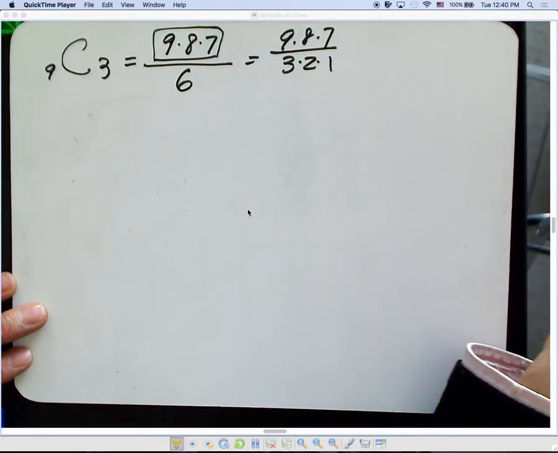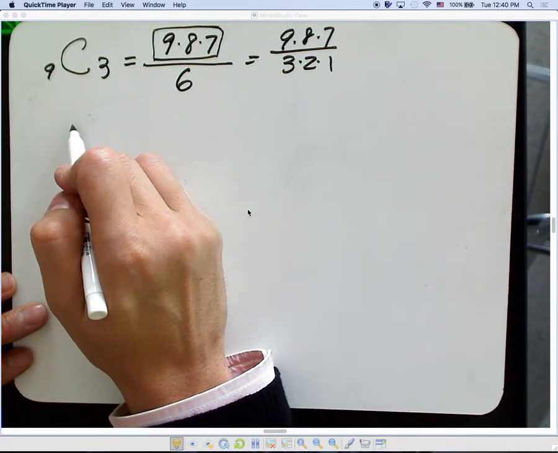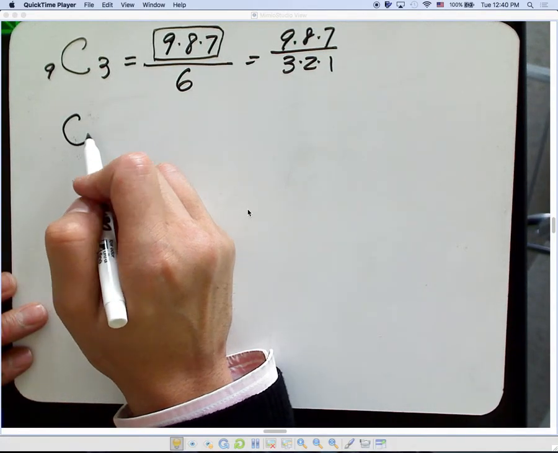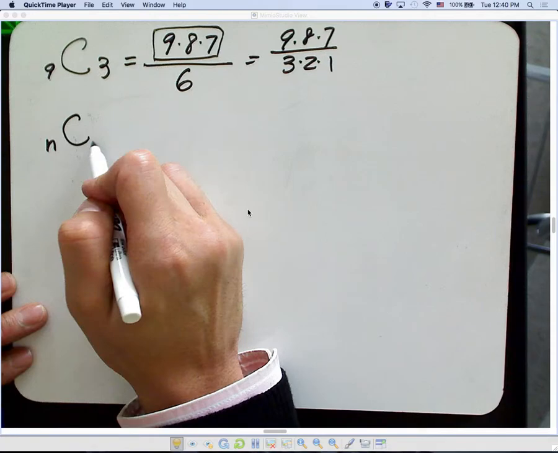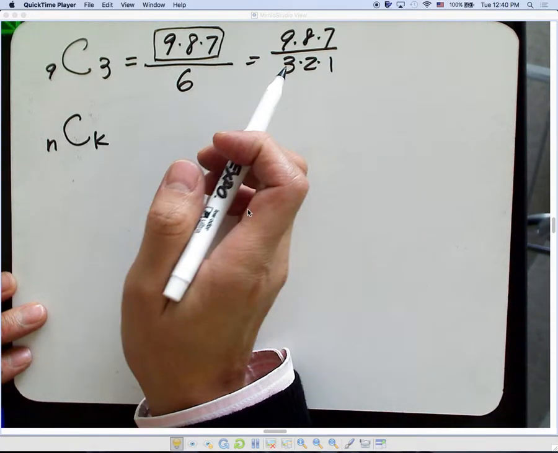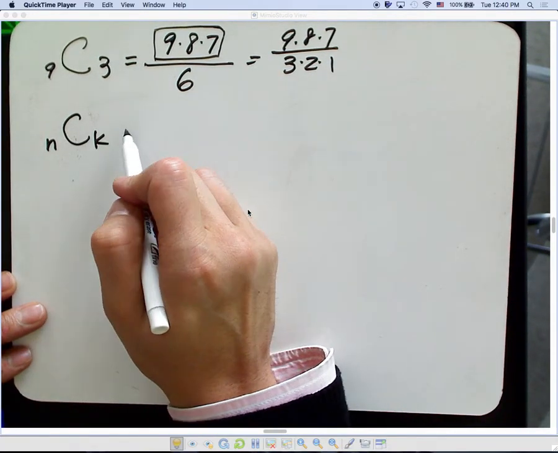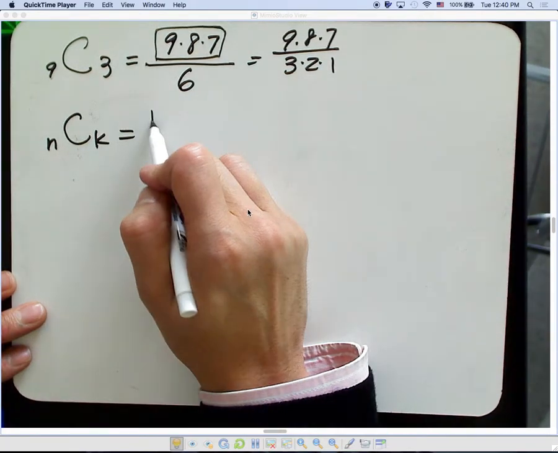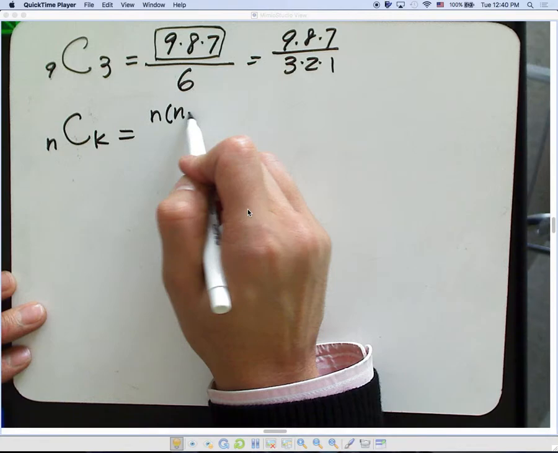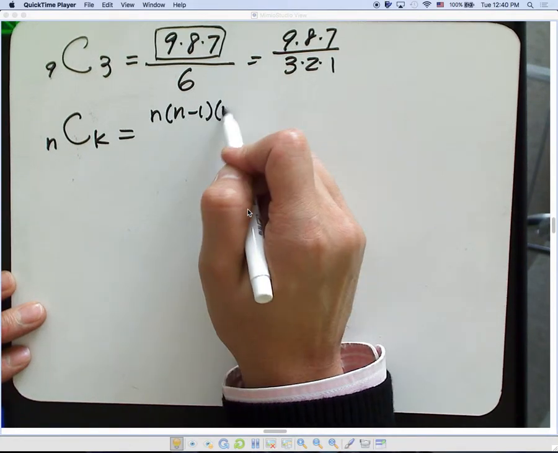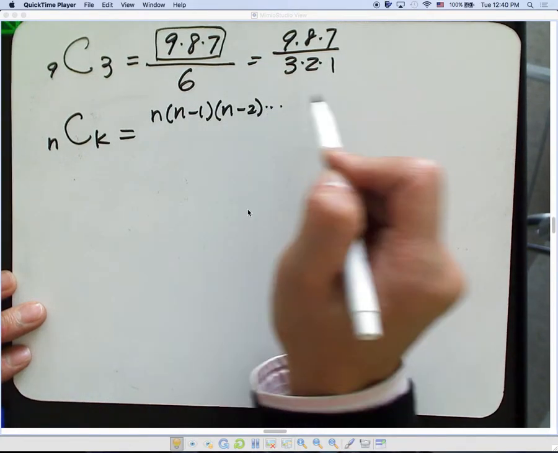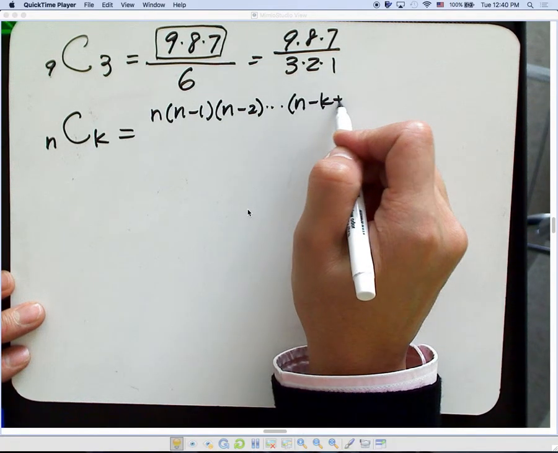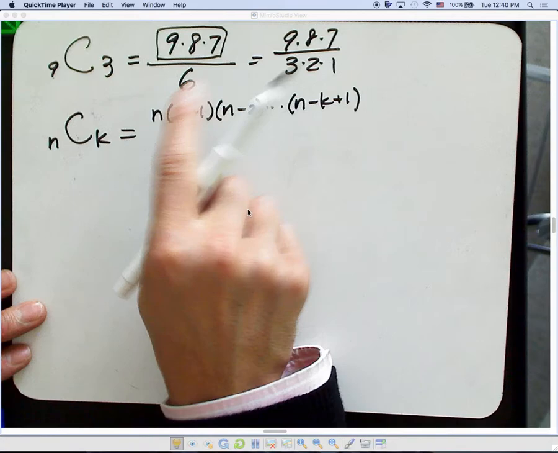Do you start seeing it? So if you generalize, and you have a combination of n choose k, we simply say n choose k. Then we have n times n minus 1 times n minus 2 times, all the way down to n minus k plus 1.